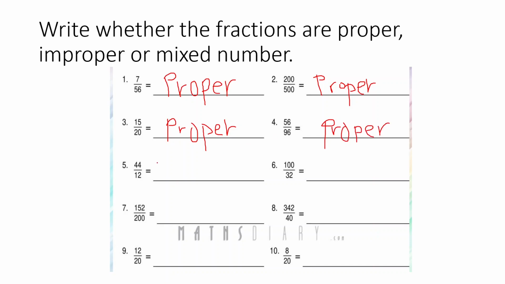Number 5, improper. Why improper? Because the numerator is greater than the denominator. Number 6, we also have improper. Okay, that's correct.